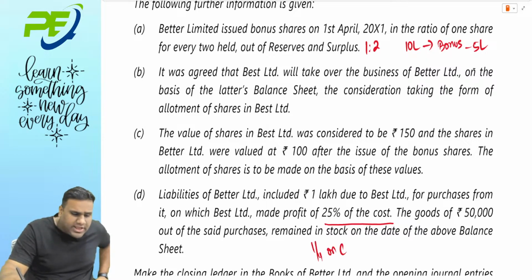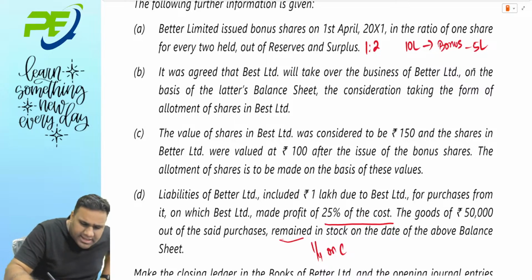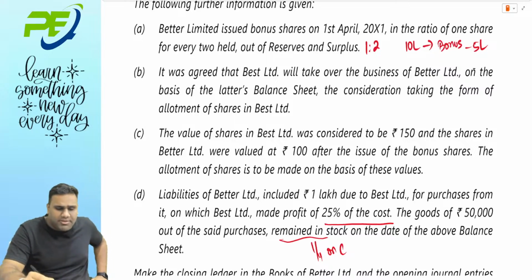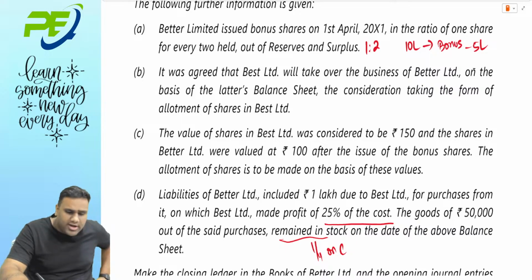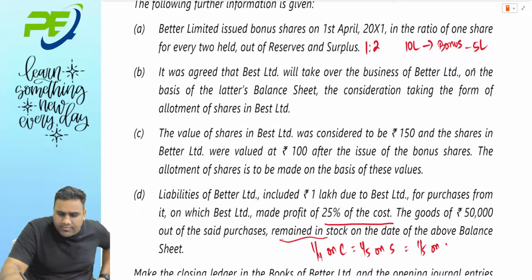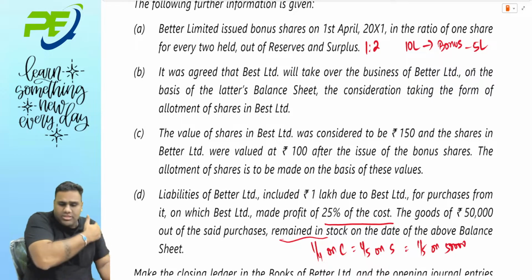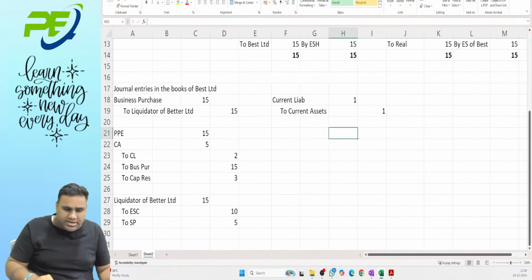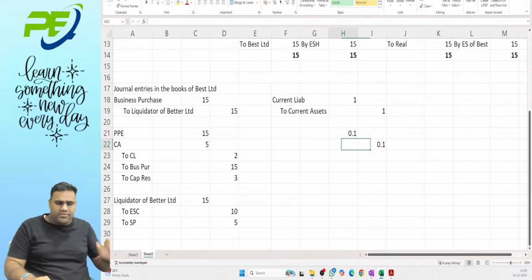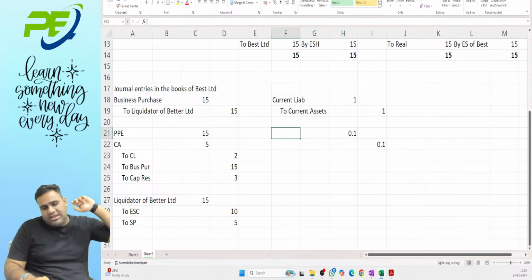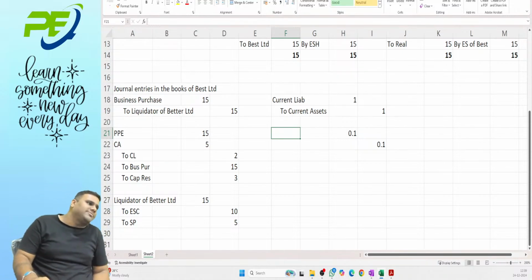The goods of 50,000 remained in stock. So 1/4 on cost is 1/5 on sales, which is 1/5 on 50,000. So 10,000. Can I write 0.1? For this 0.1, you will tell me credit, I'll tell you debit.